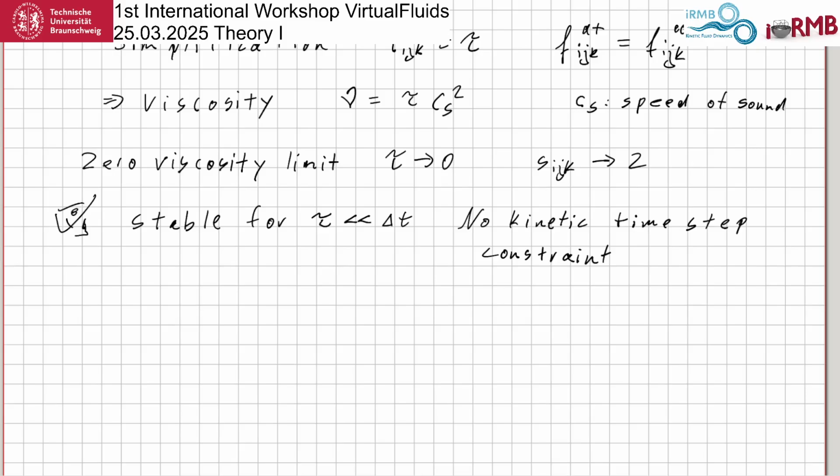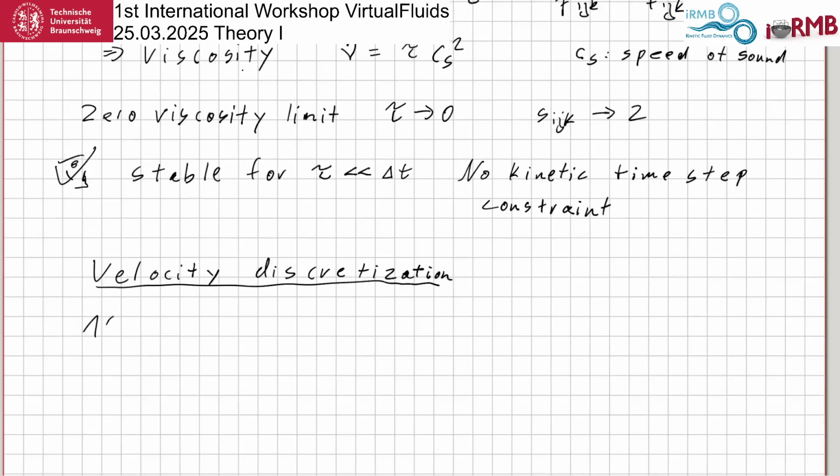Okay, let's finally come to the velocity discretization. We start here with 1D, and we assume that there is a population of particles having no velocity, which we call F0.